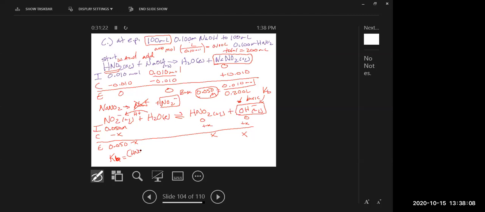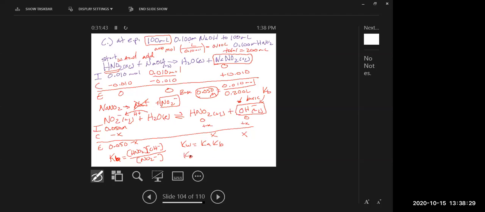And this would be HNO2, OH minus, and NO2 minus. This means we need to convert our Ka value that was given to us into a Kb value. So that is where our Kw equals Ka times Kb.